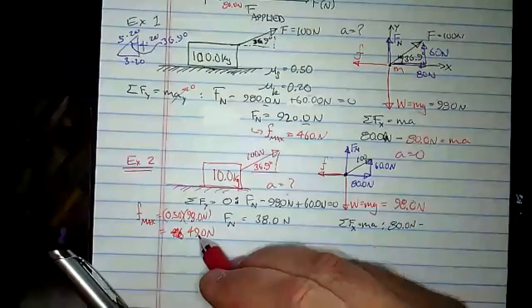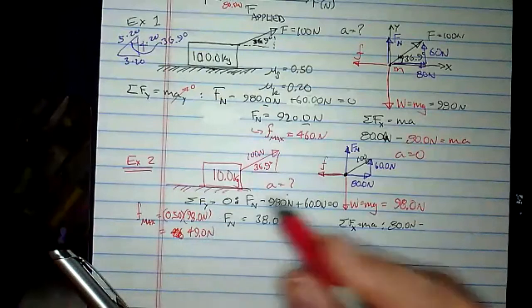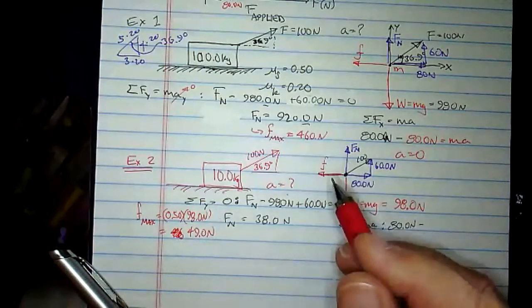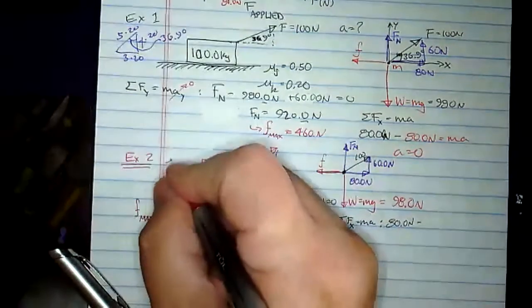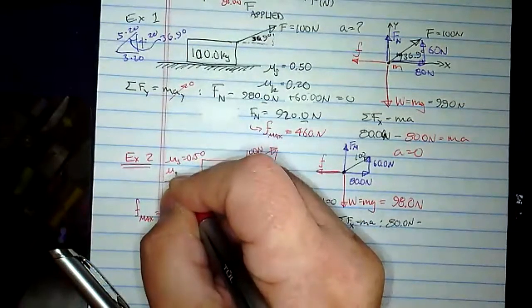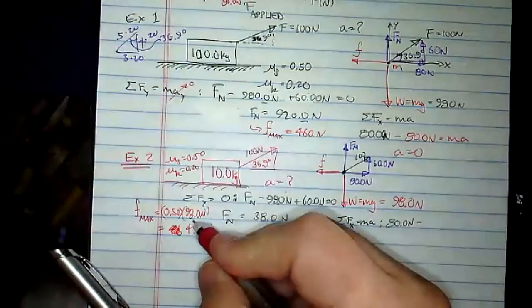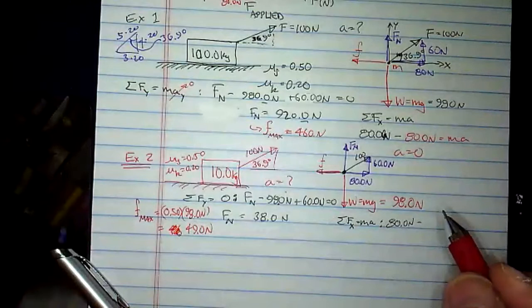So 80 newtons minus the actual friction force. Now that we know we've exceeded the maximum static friction, we know we're in the kinetic friction realm. So I just have to multiply again. Mu s was 0.50, but mu kinetic was 0.20. So I have to just multiply 98 times 0.2, which would be basically 9.8 times 2, which is 19.6.